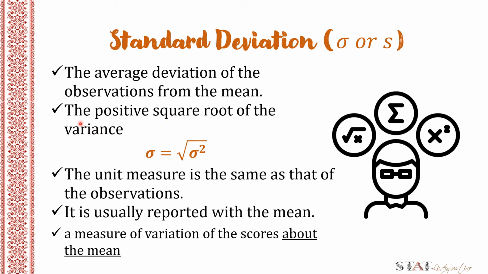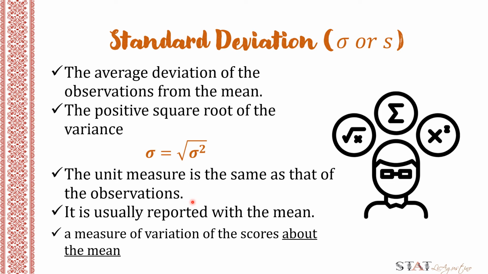It is the positive square root of the variance, just like what we did in the previous slide. We just squared it, and then you get the square root of that. And then the unit measure is the same as that of the observations, because in variance you are squaring each value, but your original data is not squared.